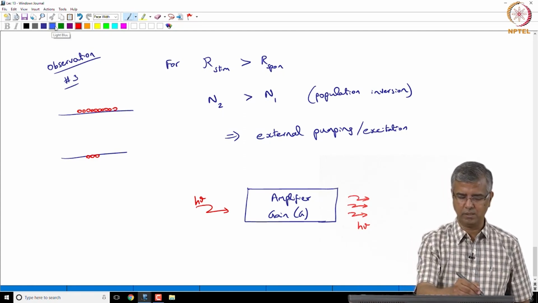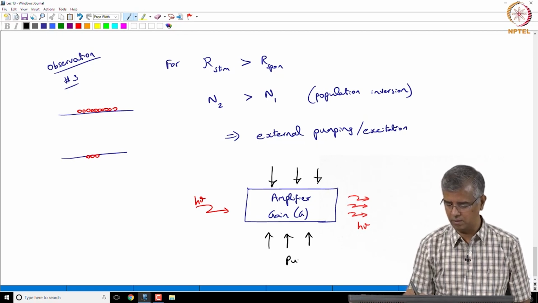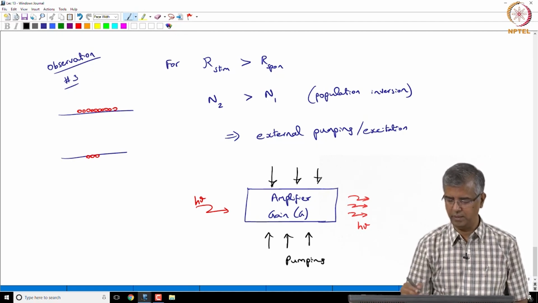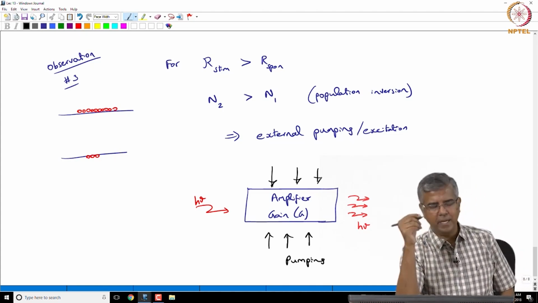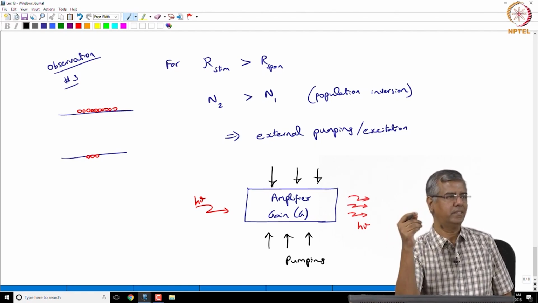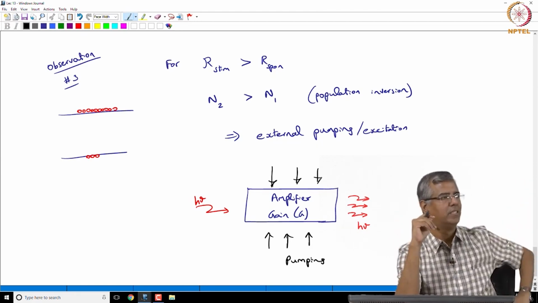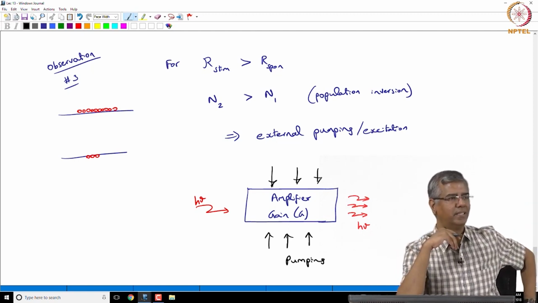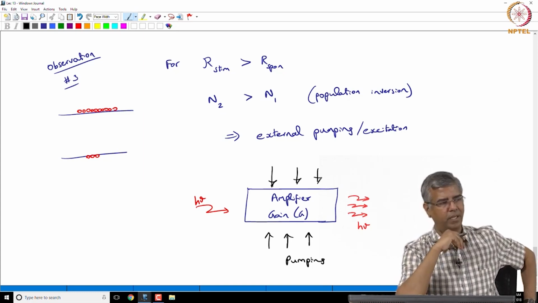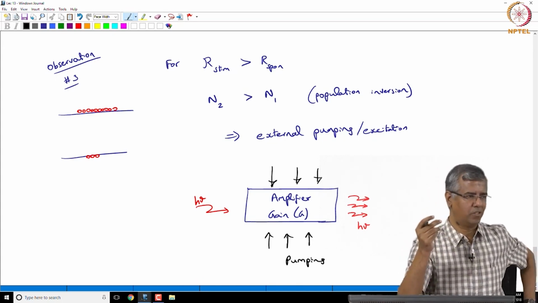And to achieve this, what I need now is some external pumping, and this external pumping can be in terms of optical radiation, right. So, you can come in with optical radiation to excite to a higher energy level, and from there you could have stimulated emission, or you could have electrical means of pumping, right.